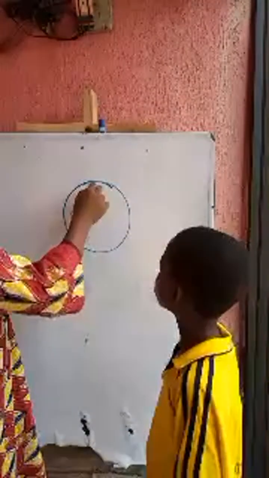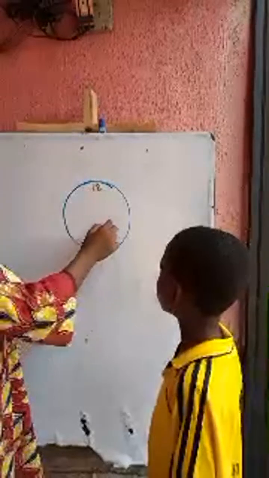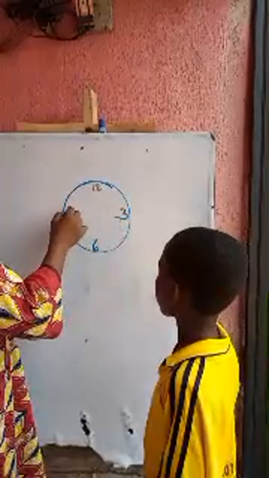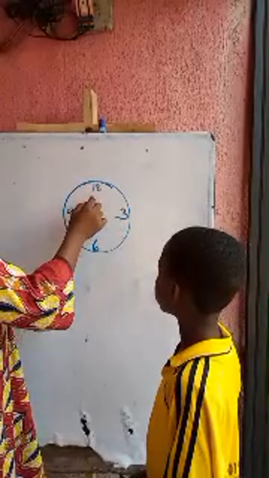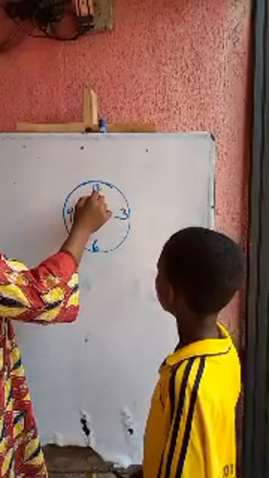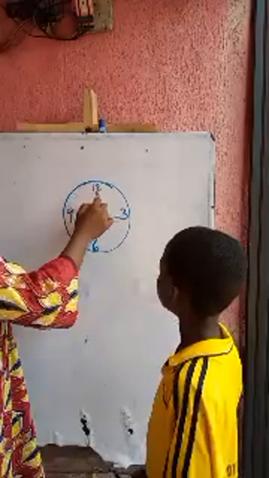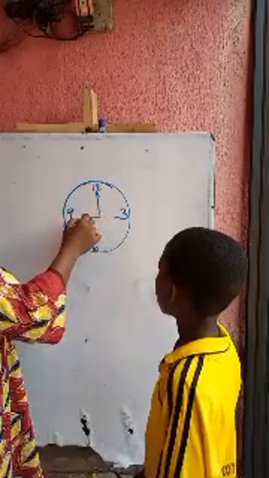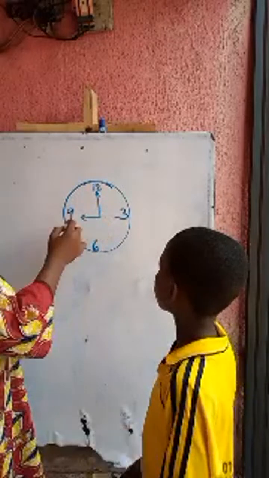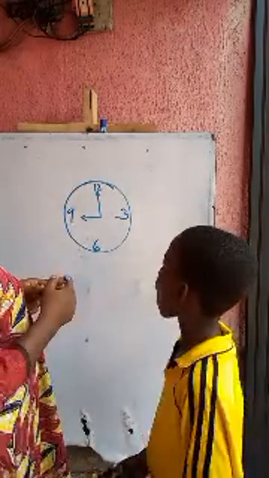This is 12, 6, 3, and 9. This is the long hand, which is also known as the minute hand. And this is the short hand, which is also known as the hour hand.